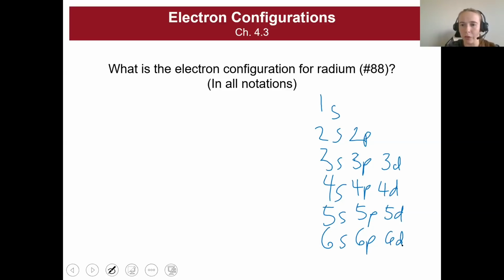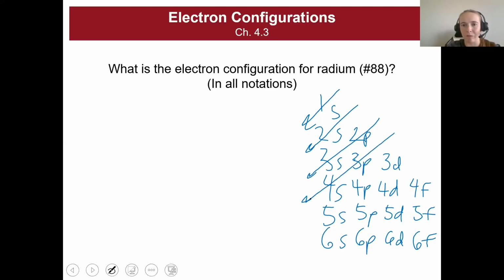I don't know if I need all of these. Then 4f, 5f, 6f. All right, so 1s goes first, then 2s, then 2p and 3s, 3p and 4s, 3d, 4p, 5s, 4d, 5p, 6s, 4f, 5d, and then 7s will be down here.